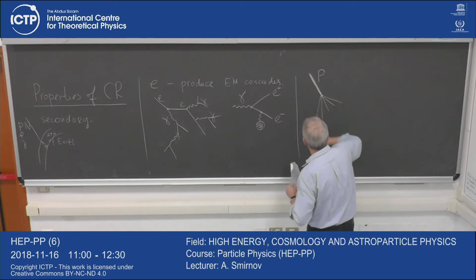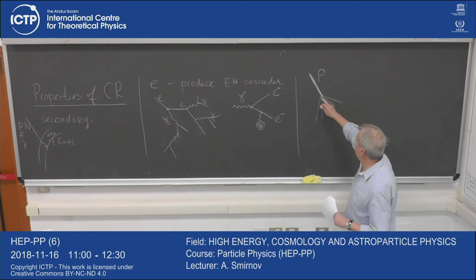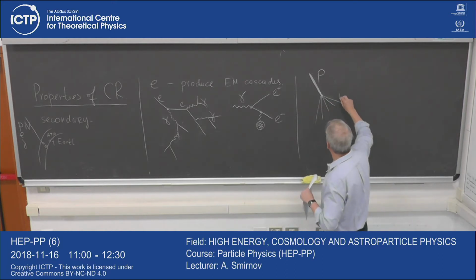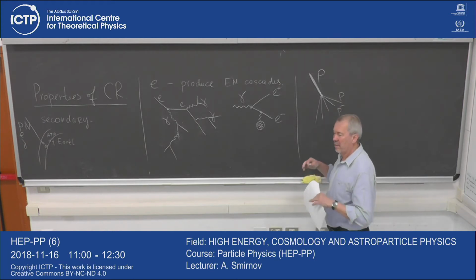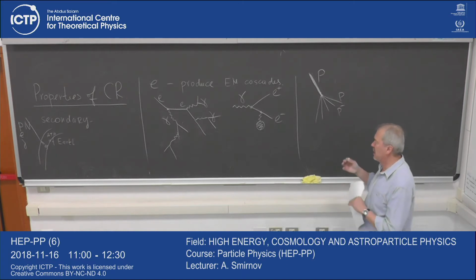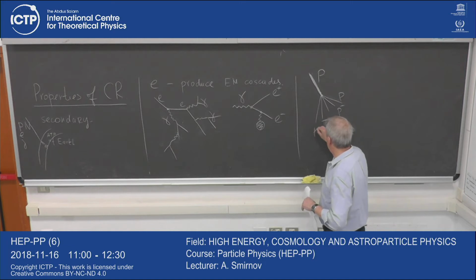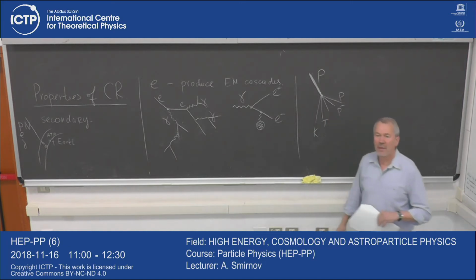And this proliferation is even faster because in a single vertex you can produce protons, antiprotons, and then particles which also have strong interactions, which we have not yet discussed, and we will discuss later. Among these particles are pions or K-mesons, and all other mesons.